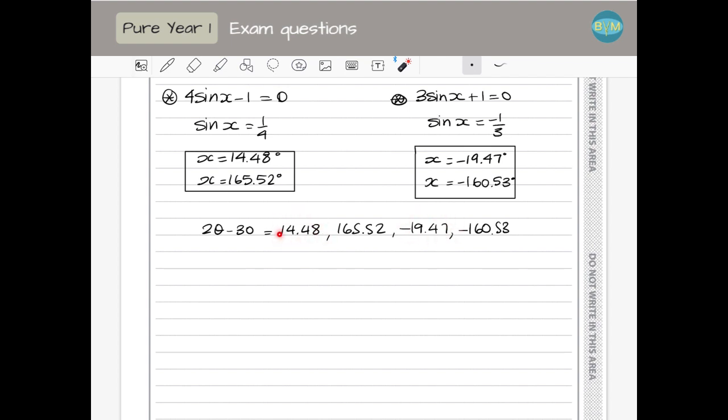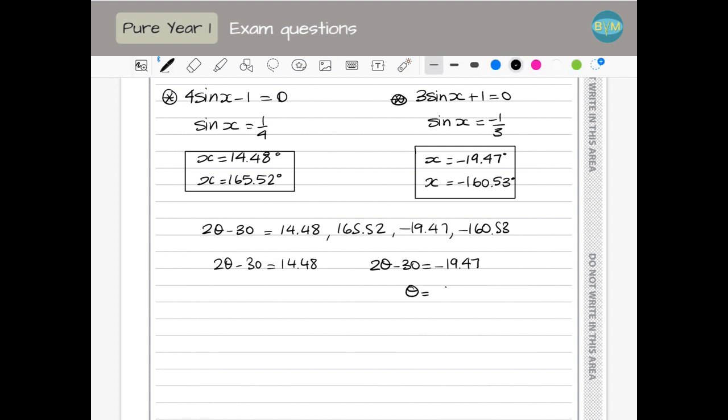If I use 2 theta minus 30 equals 14.48, it's not going to be negative, sorry. It's going to be greater than the other option, 2 theta minus 30 equals minus 19.47. So my solution is really going to be between these two, but this one is going to be smaller because I have a negative value here.